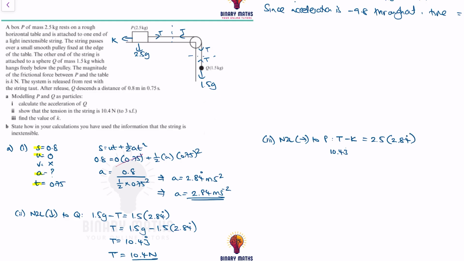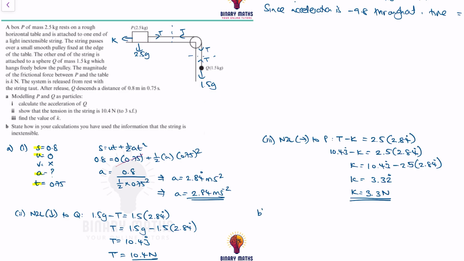So 10.43 recurring minus K must be equal to 2.5 times 2.84 recurring, which means K must be equal to 10.43 recurring minus 2.5 times 2.84 recurring. K is equal to 3.32 recurring, which means K is equal to 3.3 newtons to two significant figures.